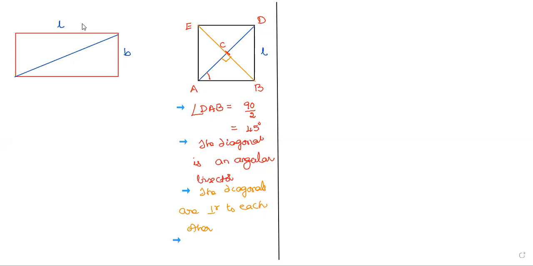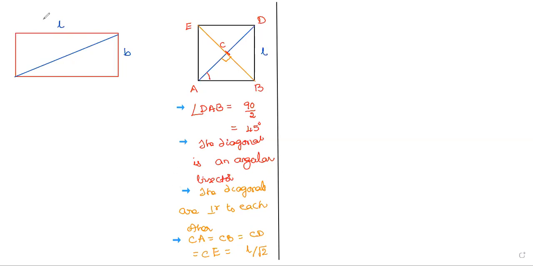And next one I write here, from center, since it is the center to any vertex, the distance will be same. Means what I'm saying here is CA equals CB, which equals CD, that equals CE, that equals L by root 2, what you said initially.